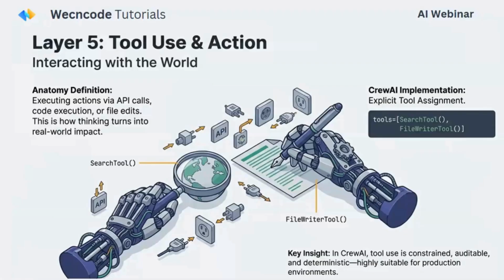Now, executing action via API calls, code execution, file edits. This is how thinking turns into real-world impact. So we could give an agent a tool, for example, Serper Dev. Serper Dev is a tool that searches the internet.